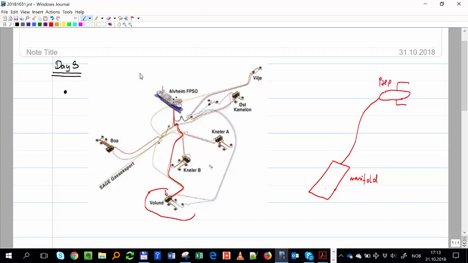Now to this manifold, you have 3 wells, this well, this, and that. That one is just a water injector. Actually, the yellow line is the gas injection line, to give gas lift. These wells have gas lift. We will see later what that is, but you inject gas into the well to lift it and produce more.